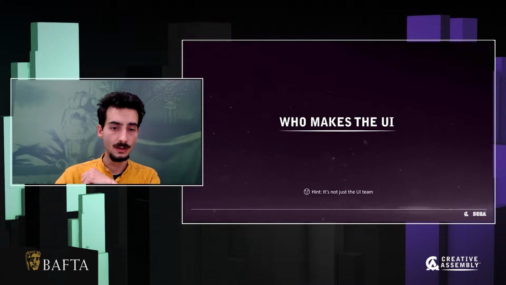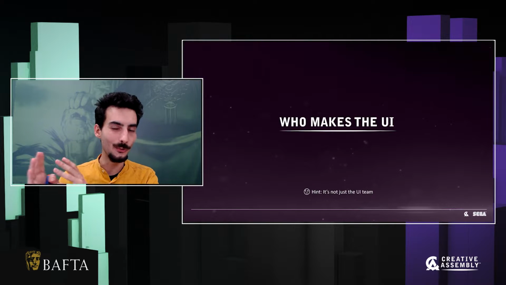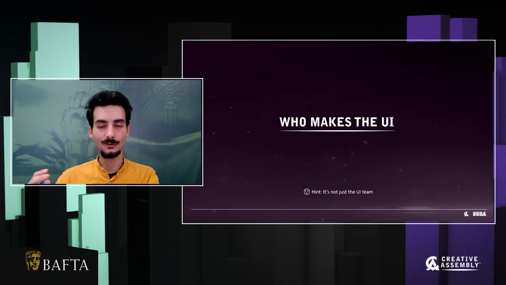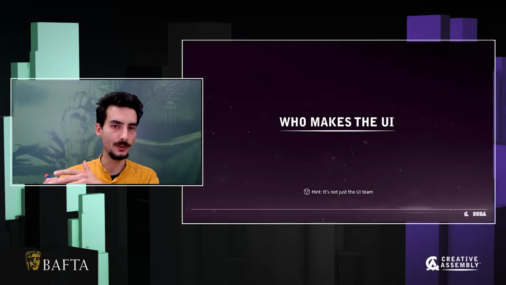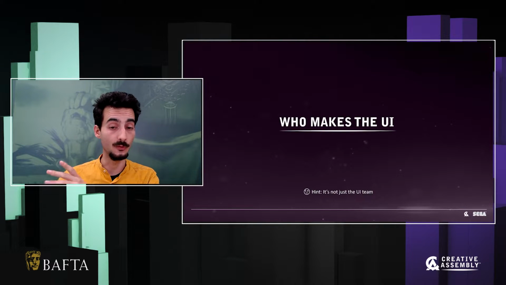So, starting with who makes the user interface. Now, you might be surprised, but it's not just the UI team. Creating UI is a very collaborative process that can involve up to a dozen different people, each from different departments with different things that they're responsible for. So let's take a quick look through them.